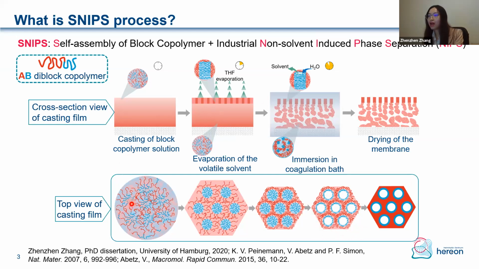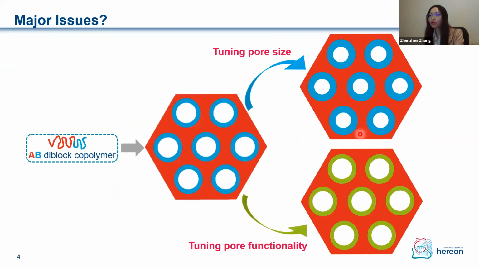So this is basically how we could get the isoporous membrane. When we talk about one type of membrane, basically there are two major issues. One is tuning pore size, another one is tuning pore functionality. In our case, we are also focusing on those two issues.